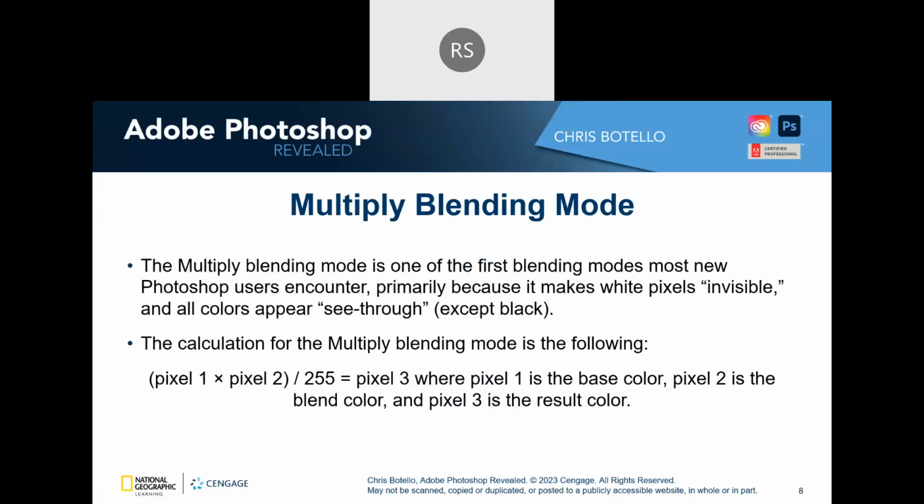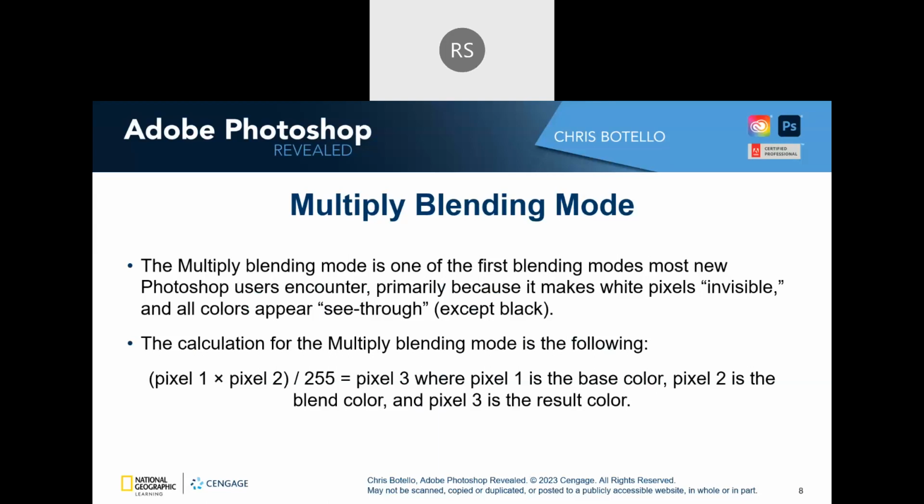Now the multiply blending mode is one of the first blending modes that most new Photoshop users encounter, primarily because it makes white pixels invisible and all colors appear see-through, except for black. The calculation for the multiply blending mode is pixel 1 times pixel 2 divided by 255, and that's going to equal pixel number 3.